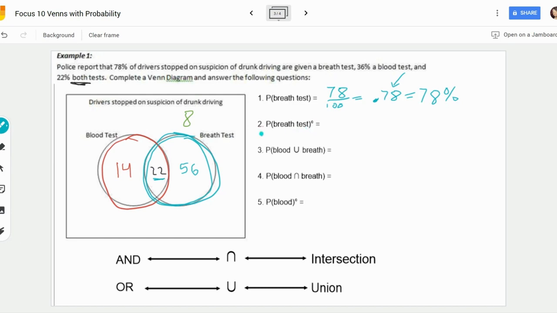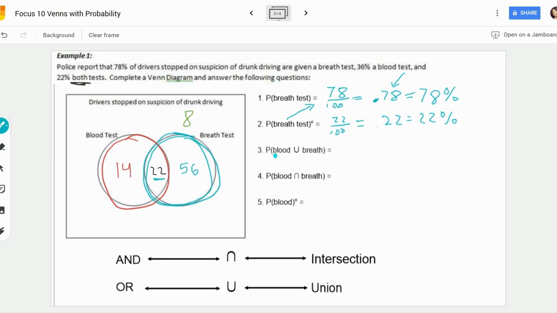If this is 78 out of 100, then this is the complement, the opposite amount out of 100. So 22 out of 100, since we're talking about percents, which is just 0.22, or 22%.